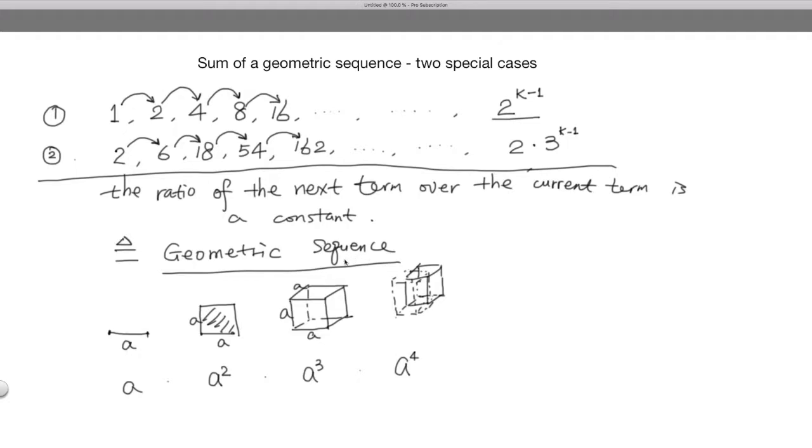In this lecture, we're going to talk about how we sum such a sequence, and we're going to focus on these two special examples. So let's look at the following. For our first example, we want to sum up the sequence 1, 2, 4, 8, 16, and so on.